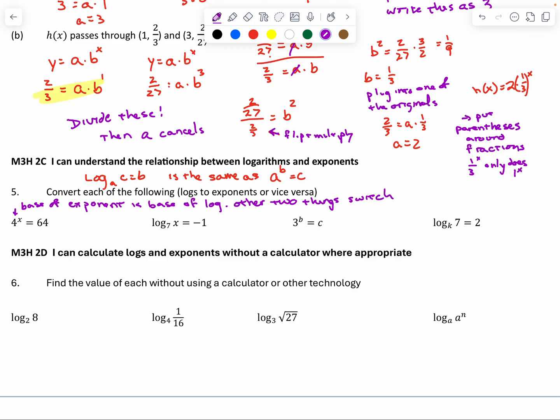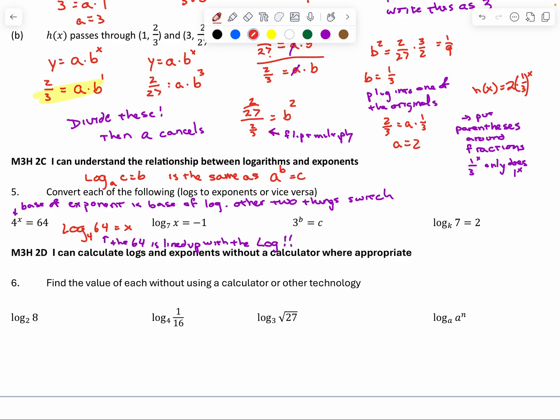So what we have for this first one is log base 4, make sure your 4 is way down low, of 64. 64 is not floating in the air. So don't let the 64 float in the air.